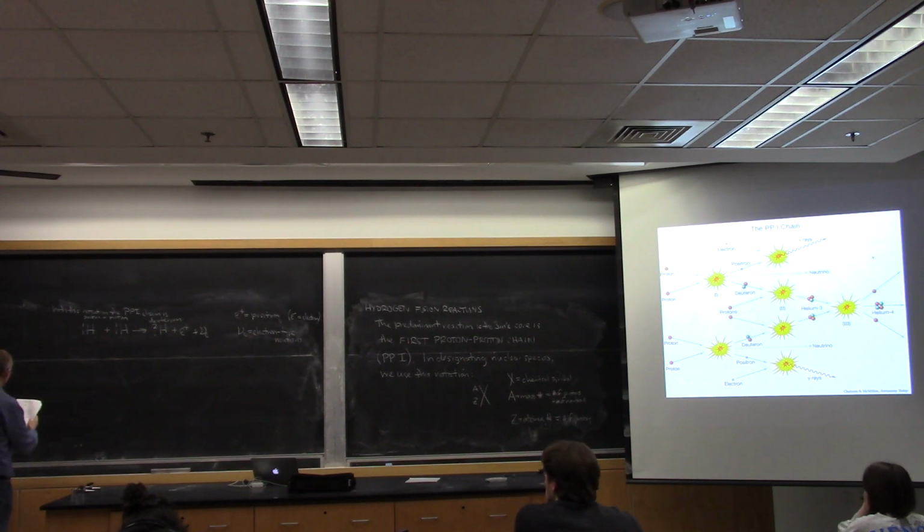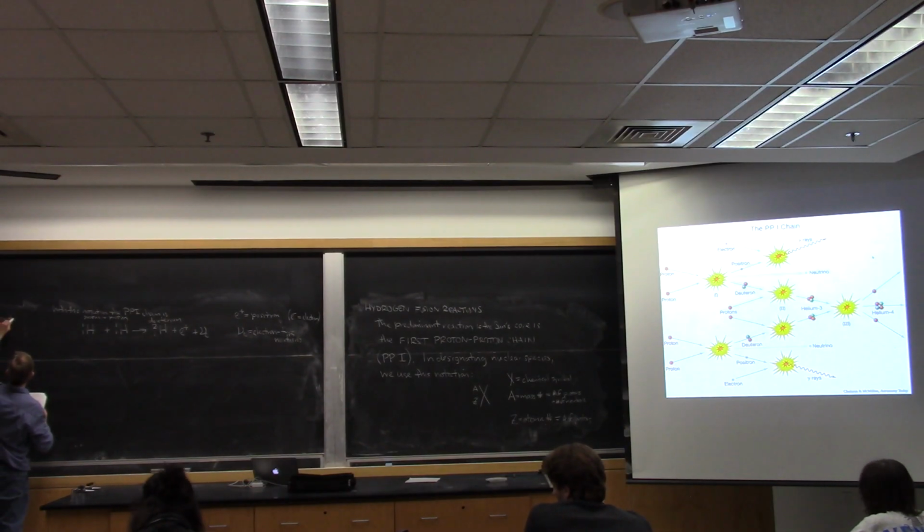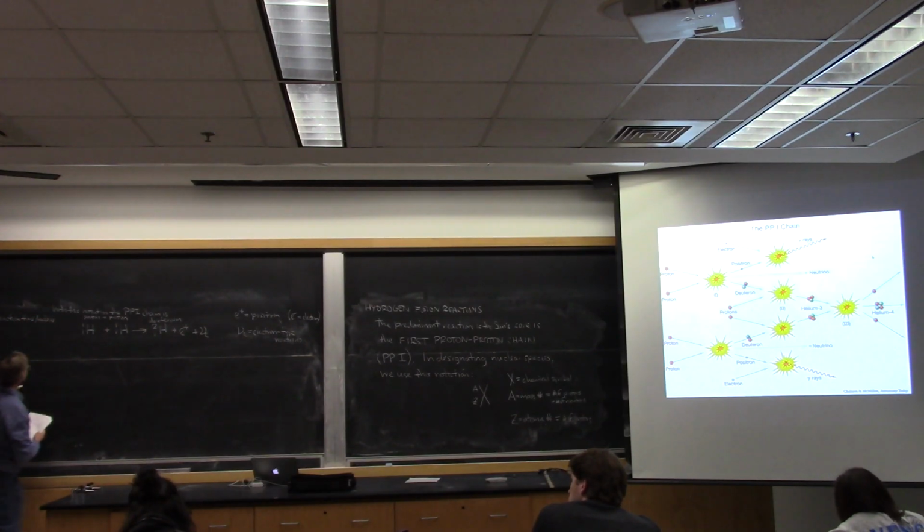Okay, so meanwhile, I meant to put this on the right of each of these reactions here. So you might decide to do that, or you could put it on the left or whatever. I'm going to say mean reaction time per nucleus. In other words, how long does a typical proton last before it combines with another proton like this?